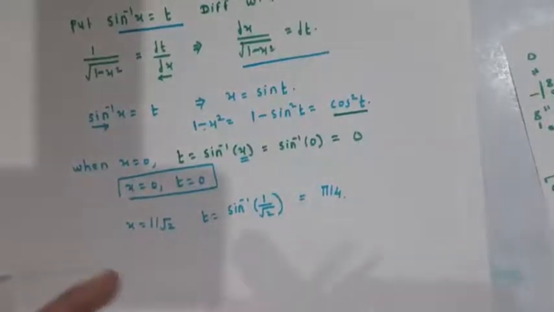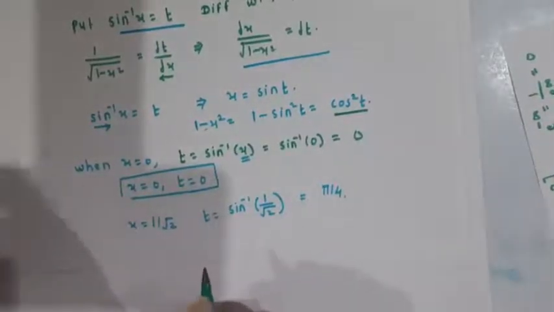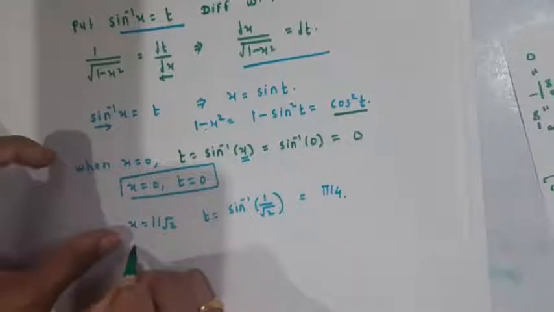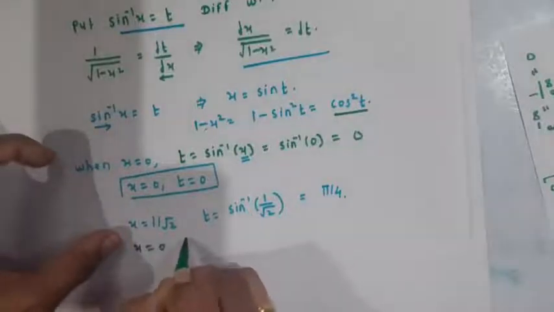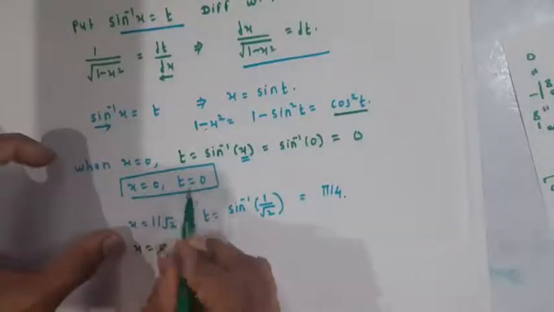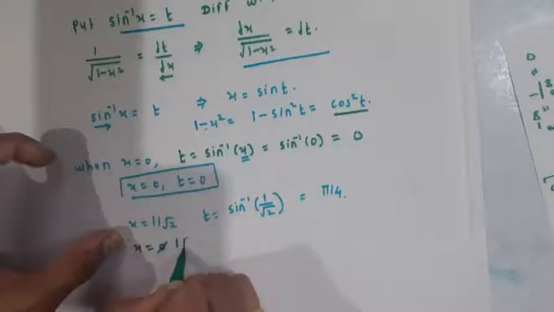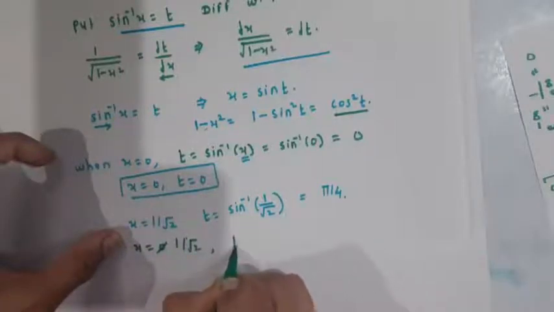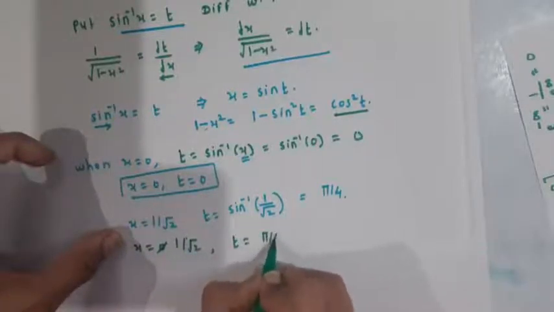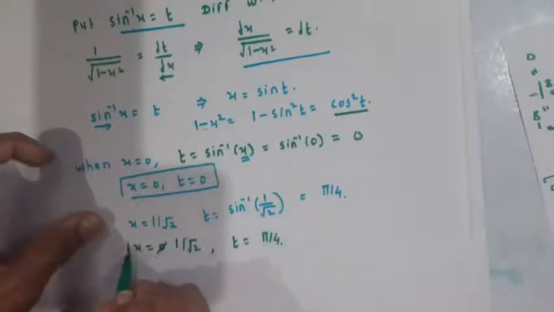The value of t is pi by 4. That means when x equals 0, t equals 0, and when x equals 1 upon root 2, t equals pi by 4.